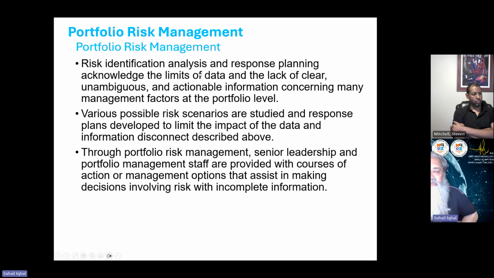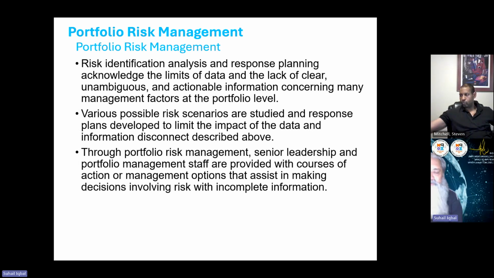Risk identification, analysis, and response planning acknowledge the limits of data and the lack of clear, unambiguous, and actionable information concerning many management factors at the portfolio level. Various possible risk scenarios are studied and response plans developed to limit the impact of the data and information disconnect described above.